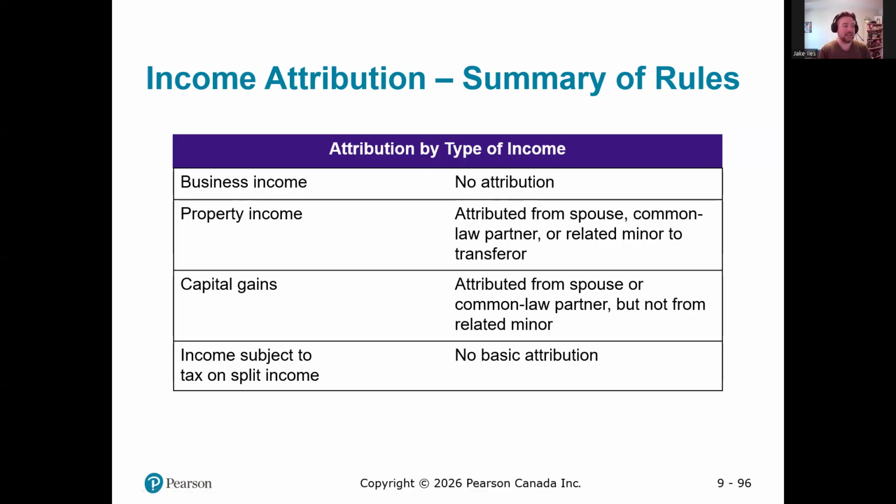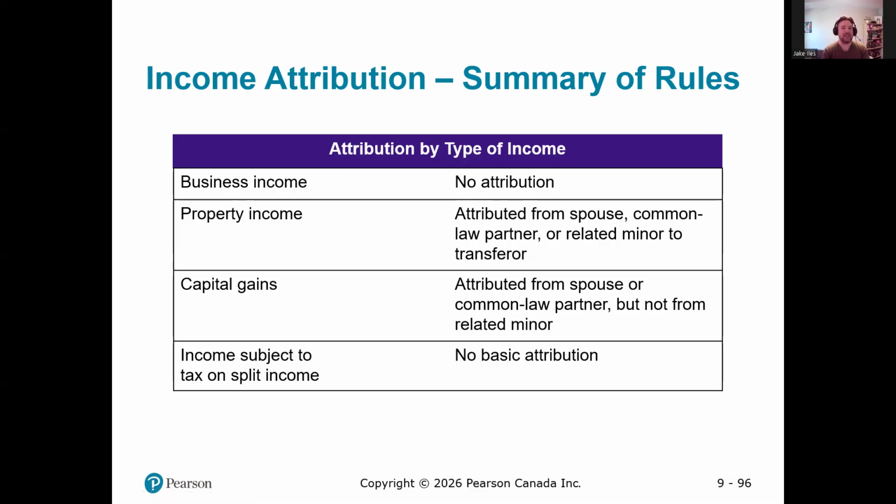But the capital gains don't usually apply for attribution for the related minor. And it's because when I transfer an asset to a spouse, I can use those cost-based rollovers. So by transferring it to a spouse at cost, the capital gain associated with it should have been in my name. And so that attribution can come back. When I transfer it to someone who's not a spouse, it's considered to be transferred at fair market value.